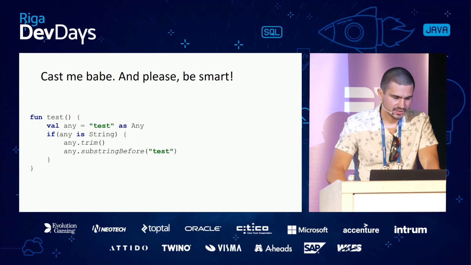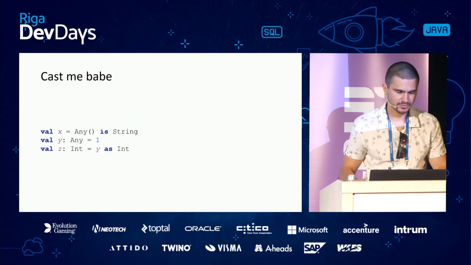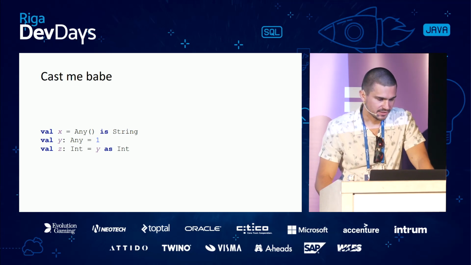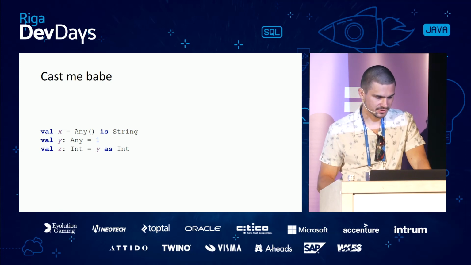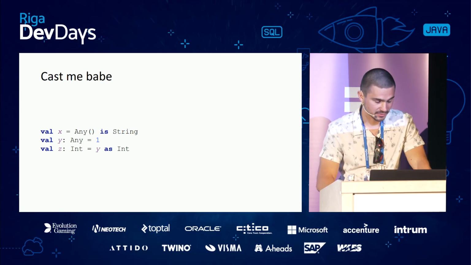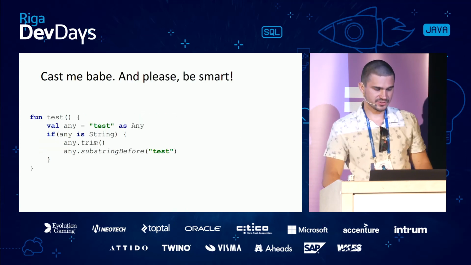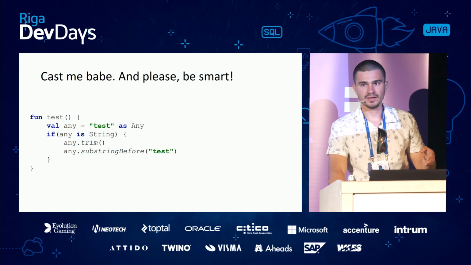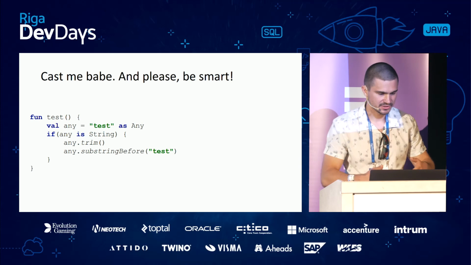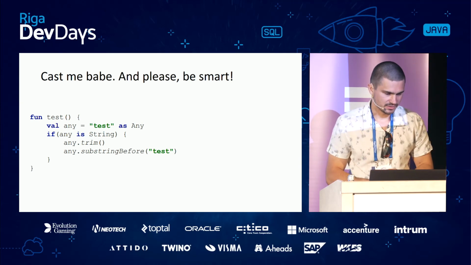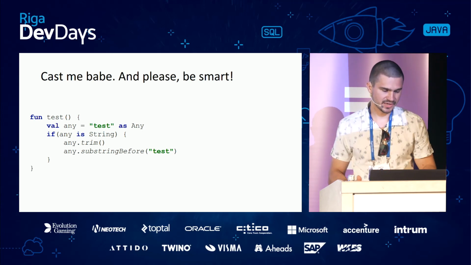A good thing about Kotlin is that if you want to do some casts or compare types, you can use the is and as keywords. Is is just like instanceof in Java, and as casts your given variable to the given type. The interesting thing is that when you use is, inside the scope which was checked by this is, you can use all of the methods defined on the type which you checked on your variable.